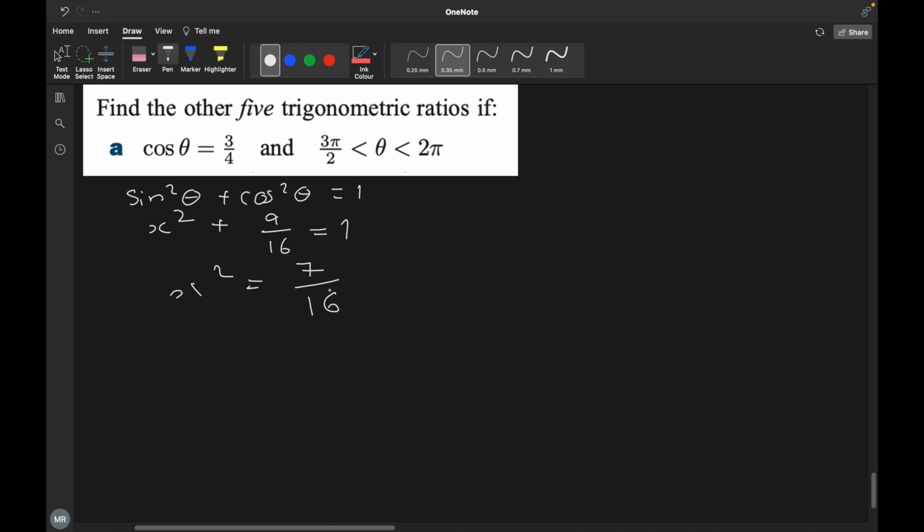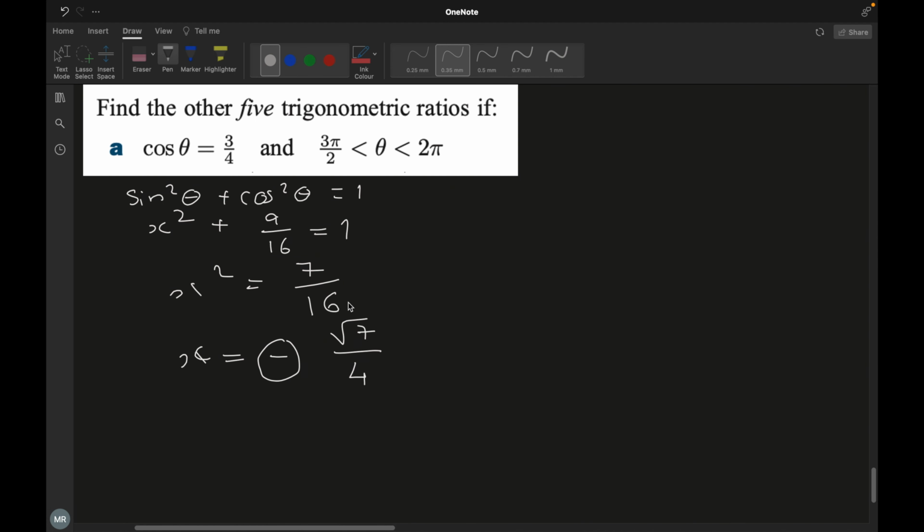Let me just cross verify. Yeah. So x would be negative root 7 by 4. We're taking negative because it's in the fourth quadrant, and in the fourth quadrant sine is negative. So it's going to be negative root 7 by 4.